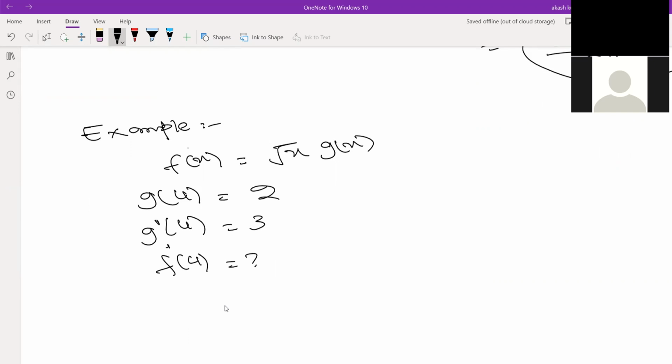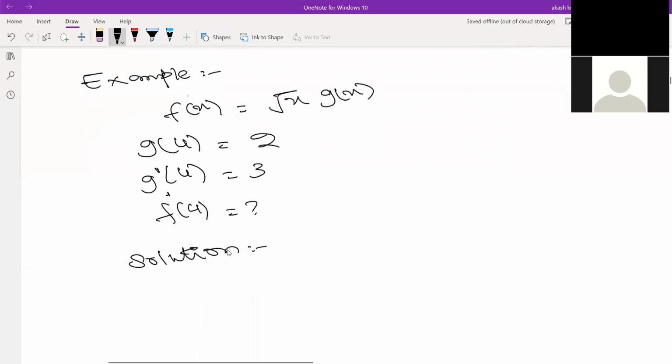The function is f of x. Again, the function is a multiplication of two functions. Square root x and g of x are the two different functions, right? Yeah, so we can use the rule. Yeah, power rule, I mean the multiplication rule, product rule.